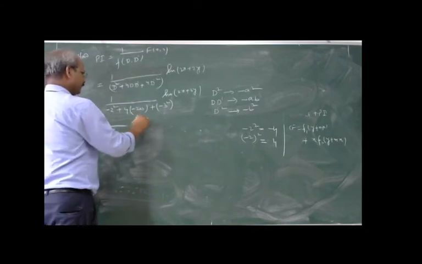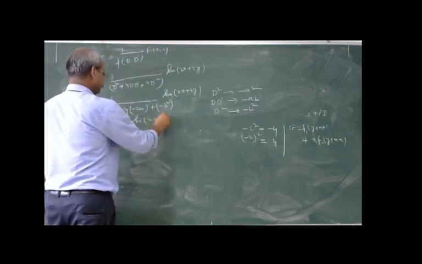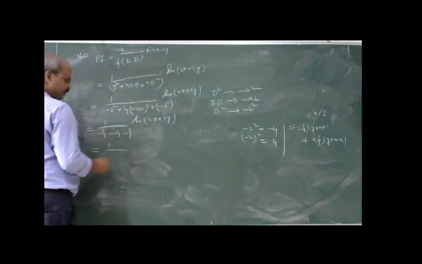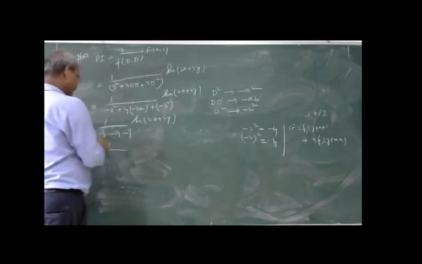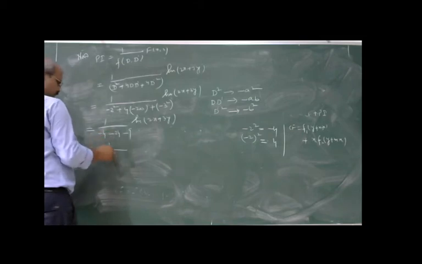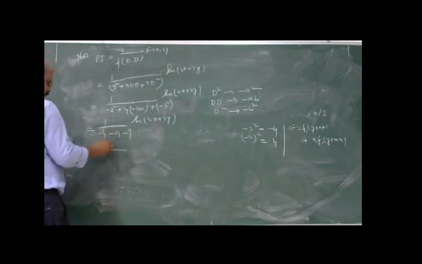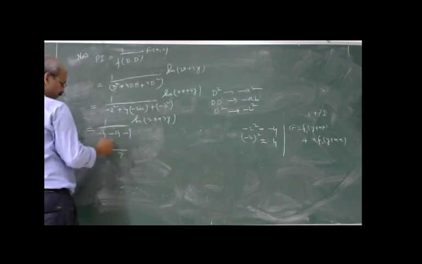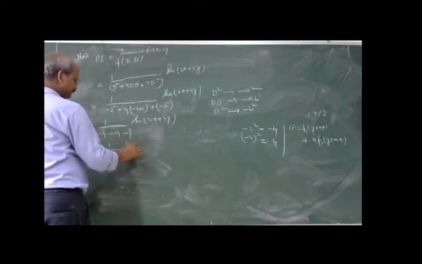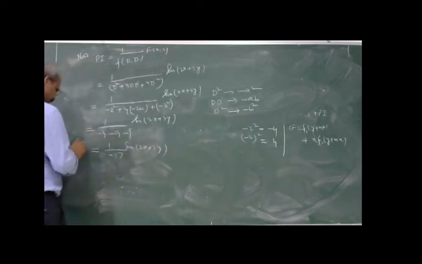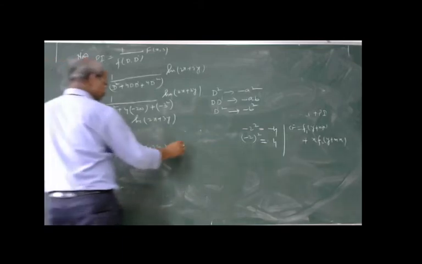So sin(2x + 3y). Then after it becomes 1 upon (−4 − 24 − 36), which is −64 ... PI = −1/37 sin(2x + 3y). This is the PI. This is the third equation.